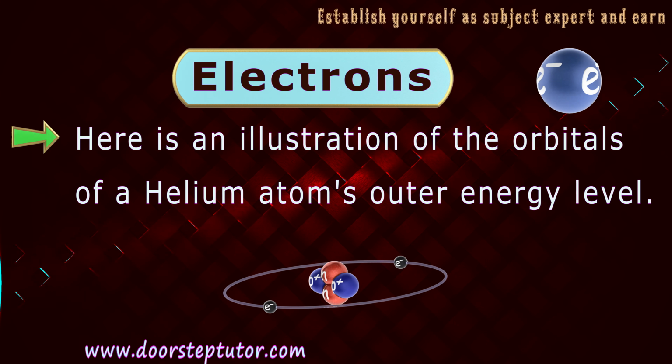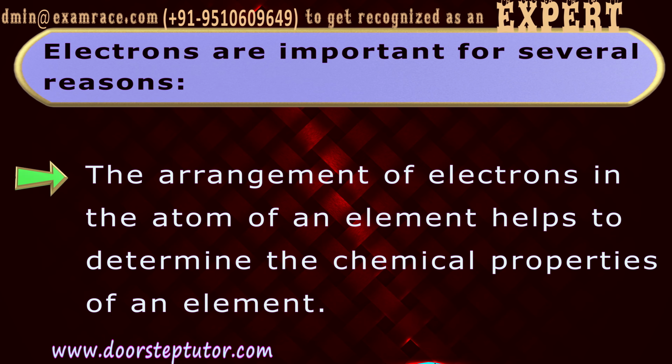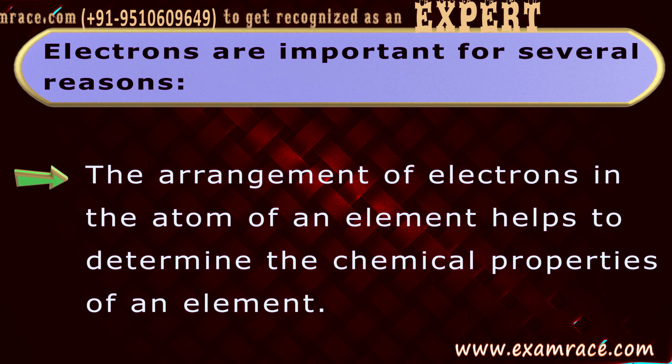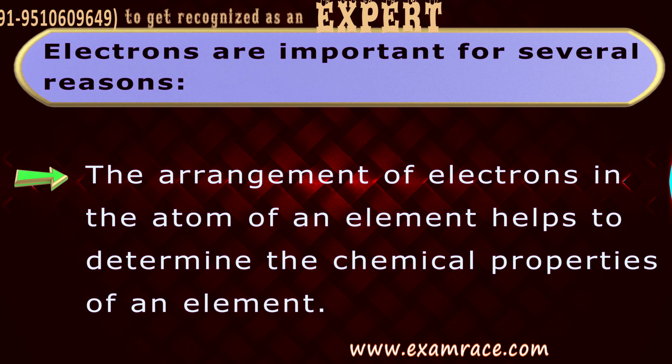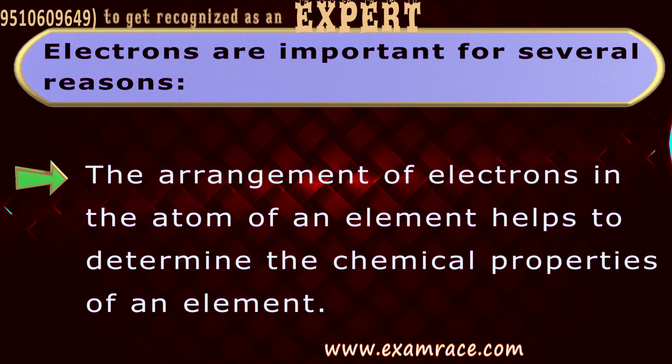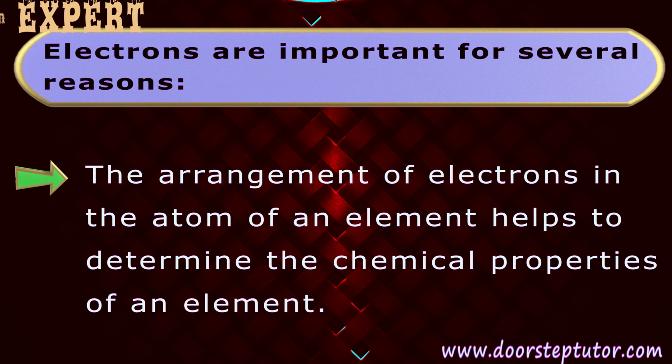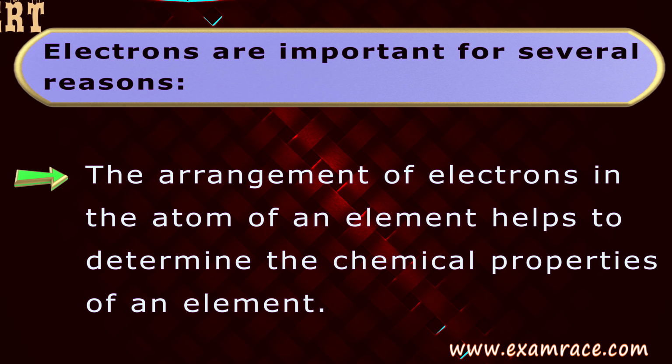Now, the second significance is that by looking at the arrangement of electrons in an atom, you can determine the chemical properties of that element. So this is very interesting.